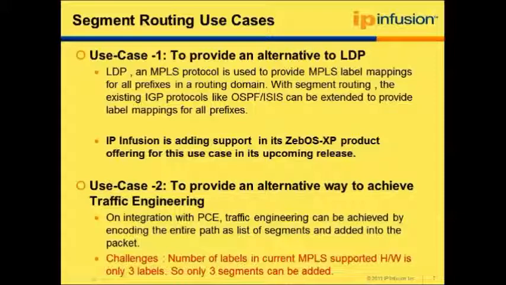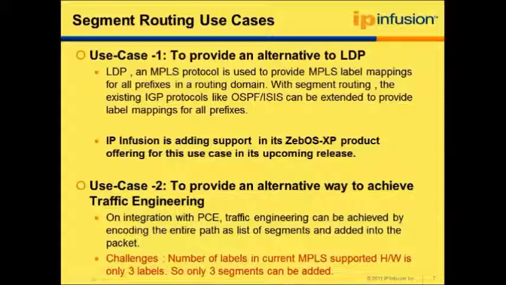The other major use case is that segment routing is an alternative way to achieve traffic engineering. Traditionally, traffic engineering was achieved with the MPLS RSVP protocol. However, the path has to be formed and each node had to maintain state for that.